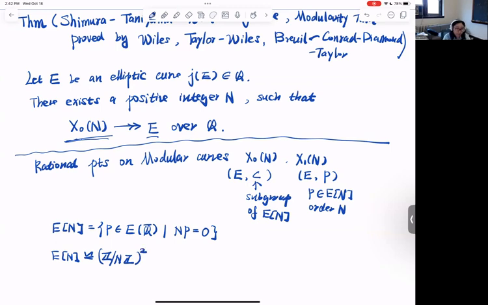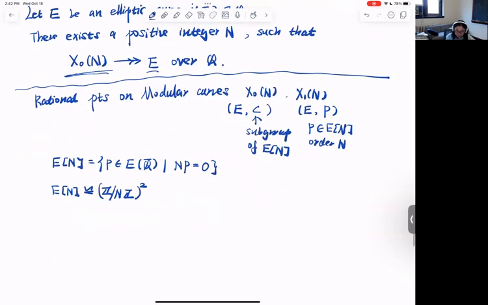Because the multiplication by N map is defined over Q, the absolute Galois group of Q acts on the set of N-torsion points.